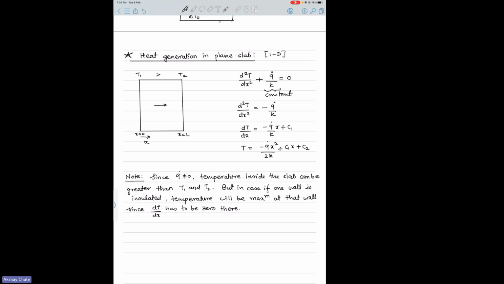Then at x equal to L, T is T2, so C2 will be T2 plus the q dot L square by 2k term. So T minus T2 is proportional to L square minus x square, and x goes from 0 to L. Yeah, I think I'm correct here.